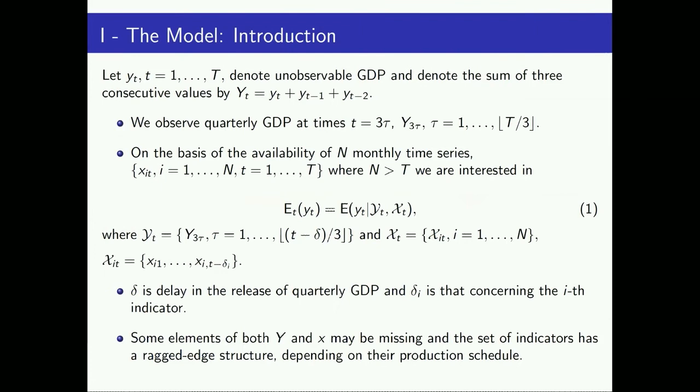Let me briefly formalize our point. Basically, we are interested in the conditional mean of the monthly GDP, that is unobservable, of course. What we assume is the temporal aggregation related to capital YT, that the quarterly figure of the GDP is basically the sum of the 3 months that compose the quarter.